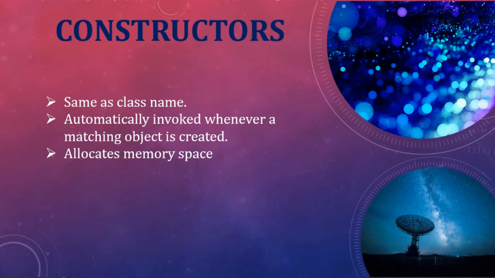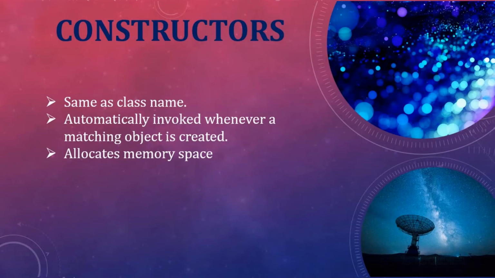This constructor gets automatically invoked whenever a matching object of that type is created. For example, if you have a parameterized constructor, you should create an object for that particular class with some parameter. In that instance, your parameterized constructor will get invoked.